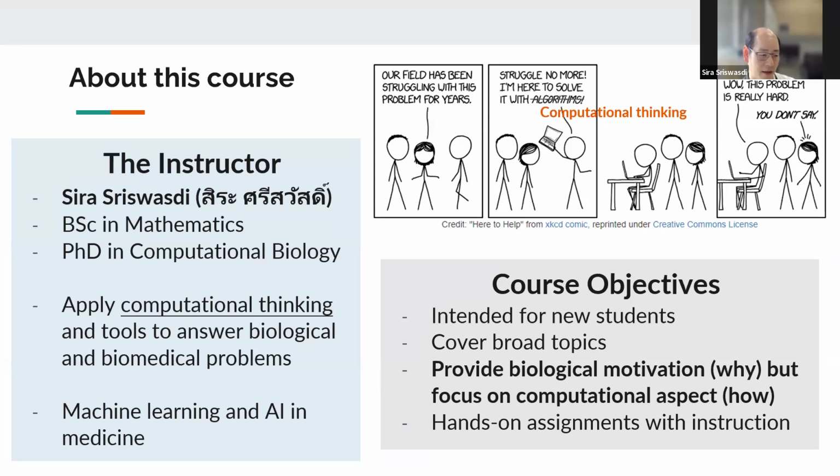We're going to focus on both the biological motivation, like why did we invent these techniques and why do we use them, and also the how, like how do we analyze the data once we perform the experiment. So we're going to look at both the why and the how.